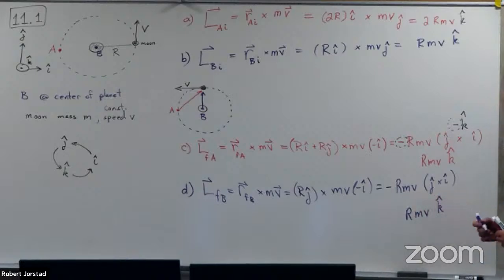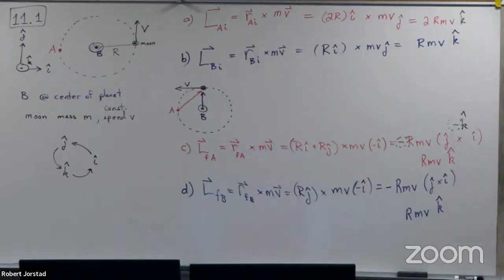And so here's what I wanted to point out. When you're doing angular momentum problems, you get to choose the pivot. Which choice of pivot seems easier? Is it A, where the angular momentum changes? Or is it B, where the angular momentum doesn't change?